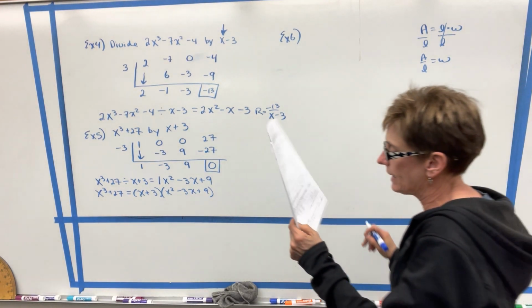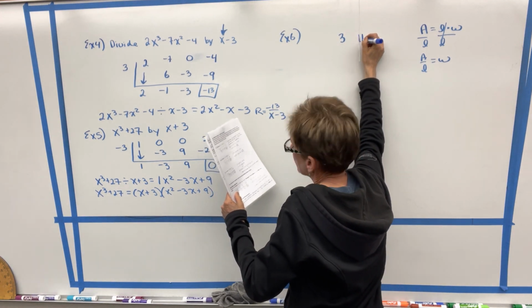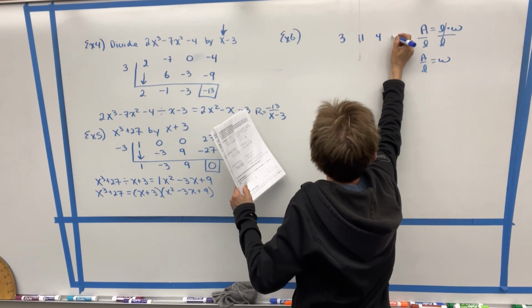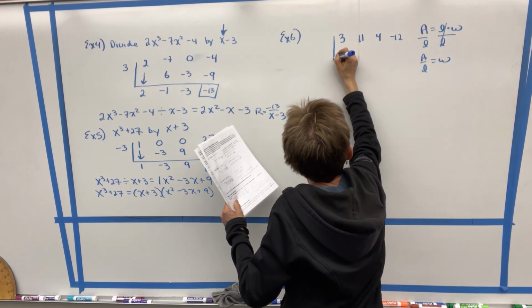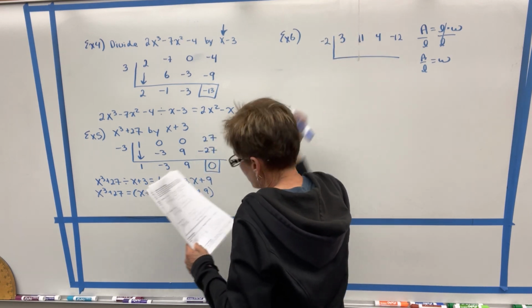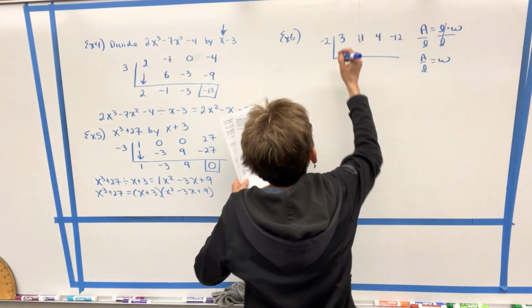So let's go ahead and take our area. We have 3x cubed plus 11x squared plus 4x minus 12 divided by x plus 2. So I'm going to put a minus 2 there. And you know what? Let me go ahead and put the problem above it.